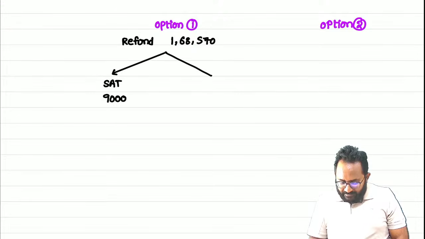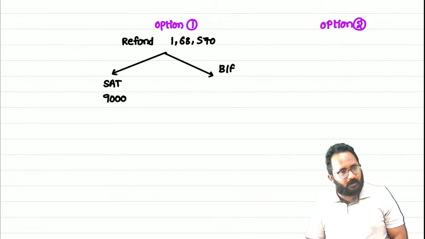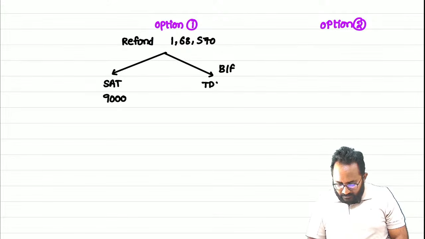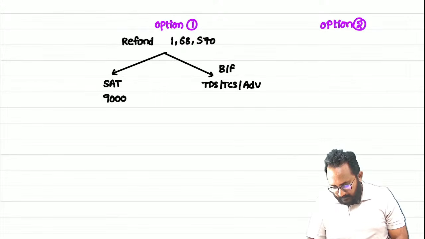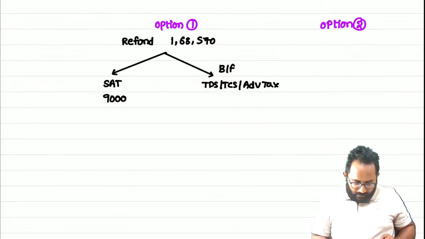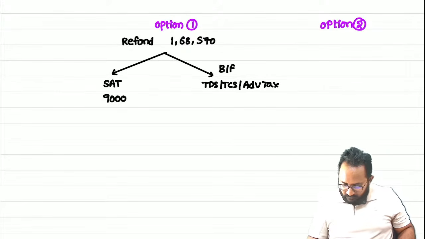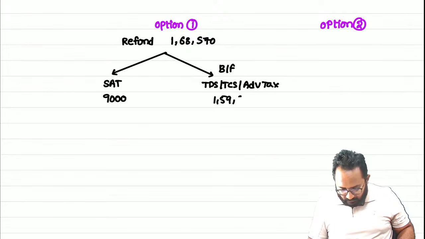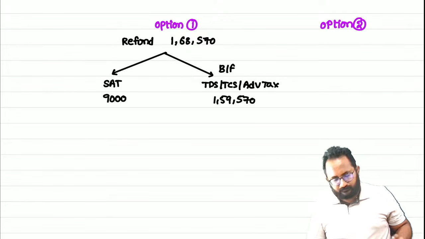Balance refund you can get from what? Balancing figure you can get from the TDS or TCS or advance tax. Please tell me how much? 1,68,570 minus 9,000. How much? 1,59,570.